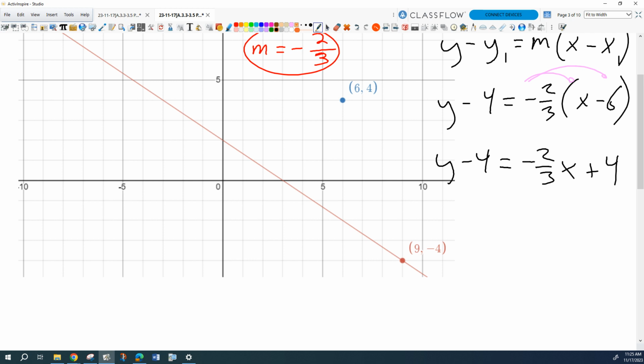If I break 6 into 3 parts, there'd be 2, 2, and 2. So 2 of those parts would be 4. Last step, add 4. Okay, and then we get for our answer y equals negative 2/3 x plus 8.